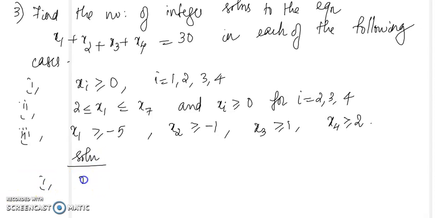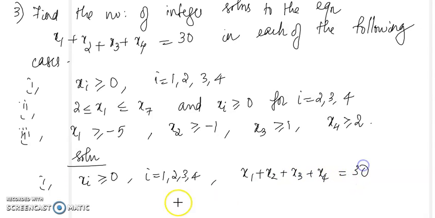So in the first case you have the standard problem. So you have xi greater than or equal to 0 for i equal to 1, 2, 3, 4, and you have x1 plus x2 plus x3 plus x4 equal to 30. So therefore this is finding the number of non-negative integer solutions.